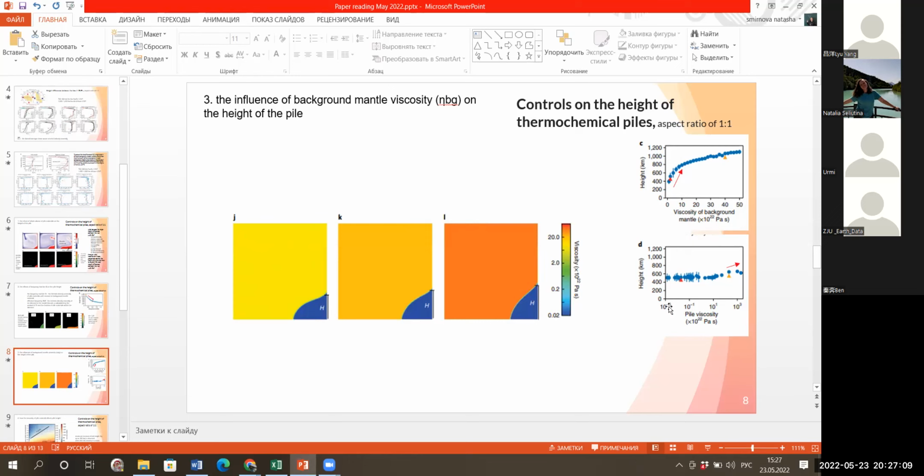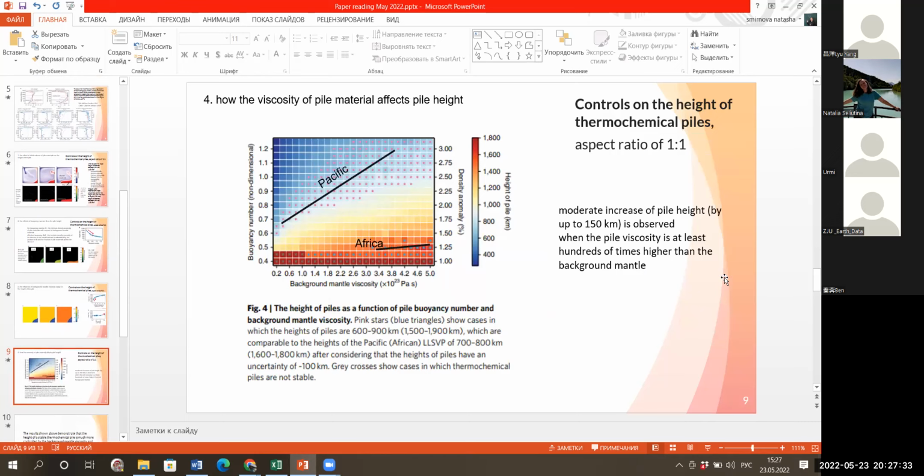They also decided to see how the viscosity of the pile material influences its height. And they found out that there is only a moderate increase in pile height, and it happens only when the pile viscosity is at least hundreds of times higher than the background mantle.